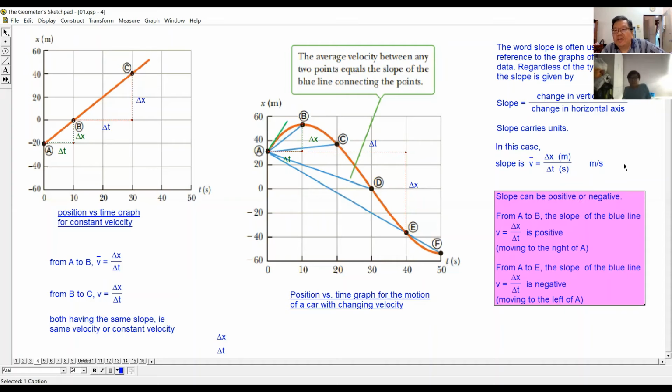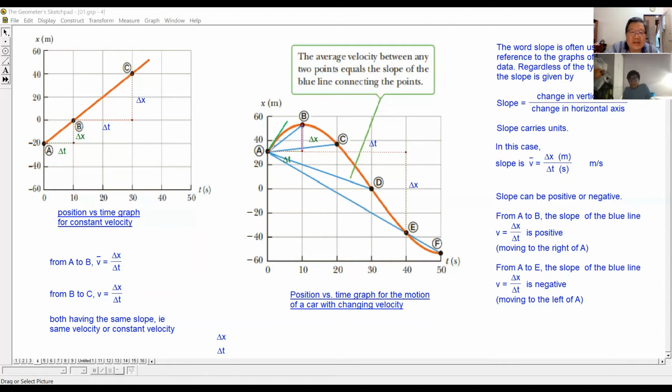Now the slope can be positive or negative. Now, what is this positive or negative? Earlier on, this blue line here, I used a pen to draw.